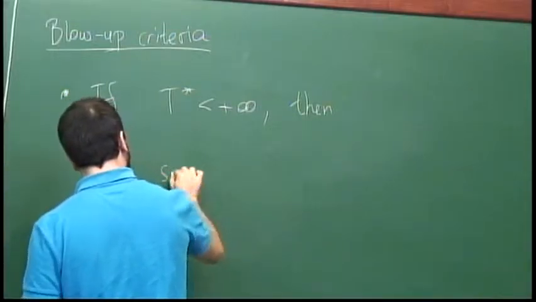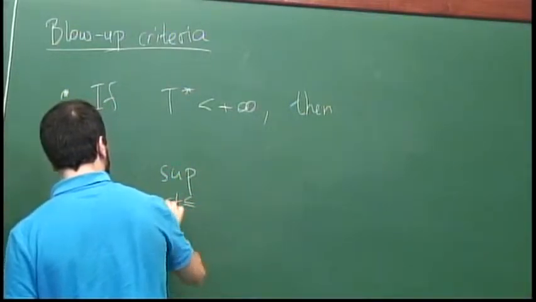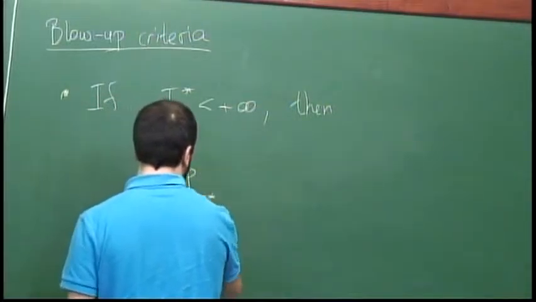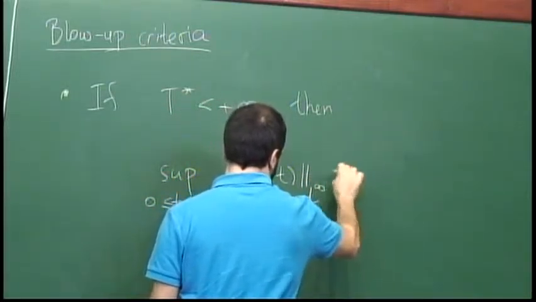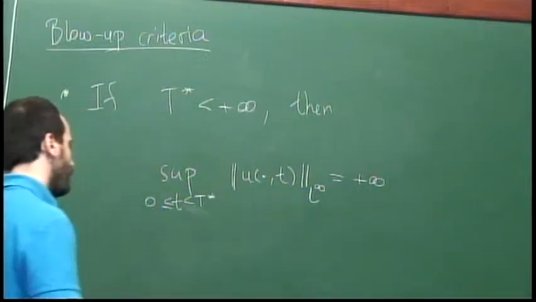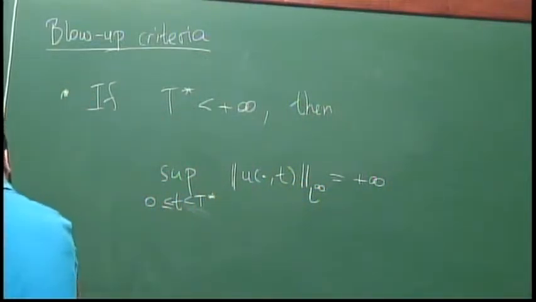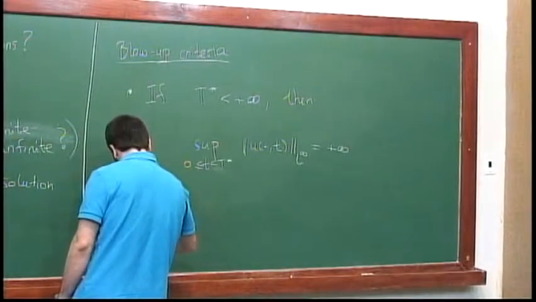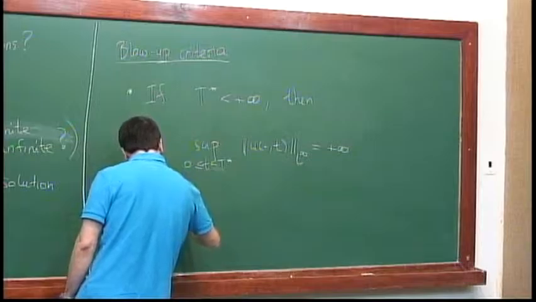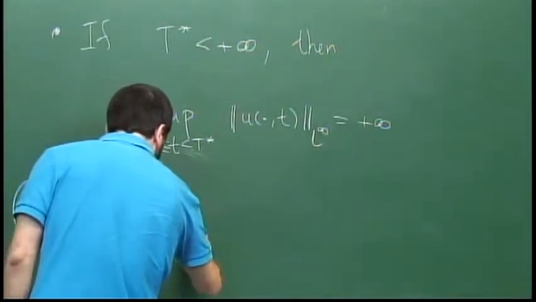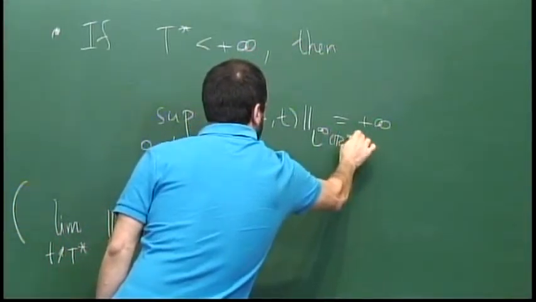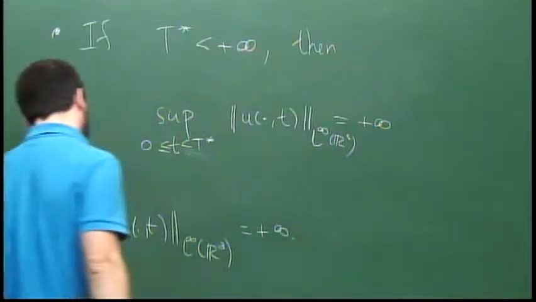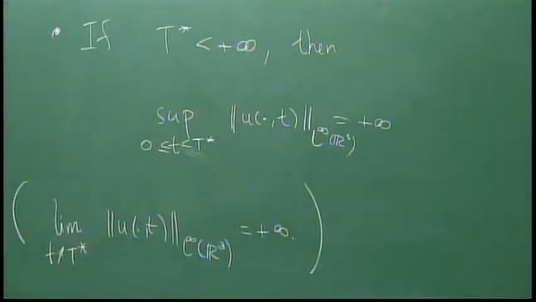So the supremum for t between 0 and T star of the L infinity norm of u is plus infinity. Or even a little bit more precisely, we can say that the limit as t grows to T star of the L infinity norm, this is on R^3, is plus infinity. So this is also known, due to Leray.